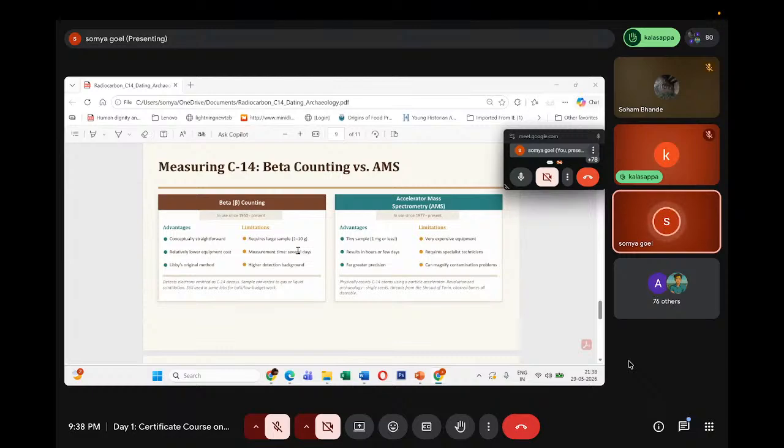So in that way it is very useful. Also, it is very fast, so you can get the results within hours or only a few days at max. You get the result a lot faster and also with a lot of precision. Beta counting gives us an age range that could have a huge gap.